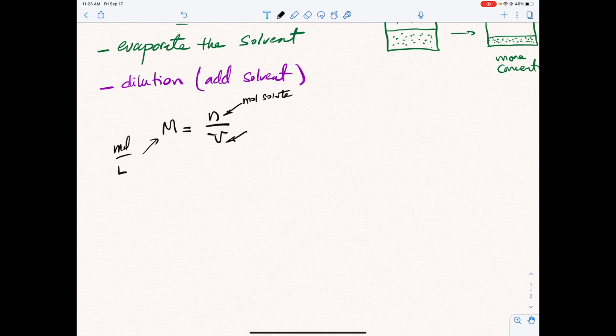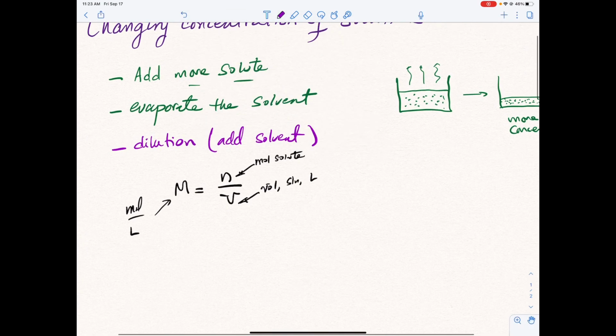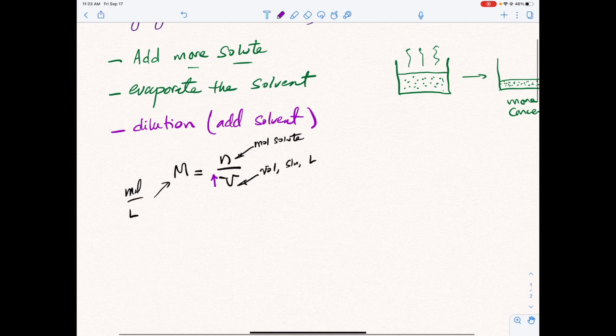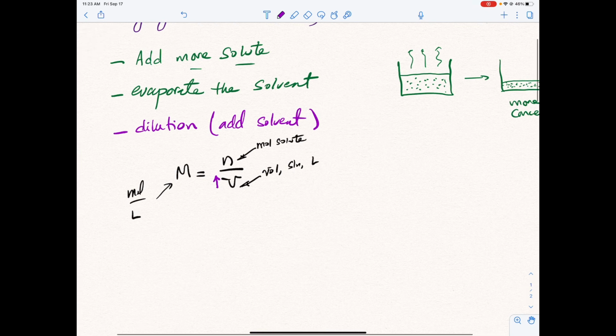The denominator is volume of solution in liters. So if I add more solvent, your denominator is going to increase, so volume will increase. The number of moles does not change, numerator is constant, and if you increase the denominator, what's going to happen to molarity? Molarity will go down.